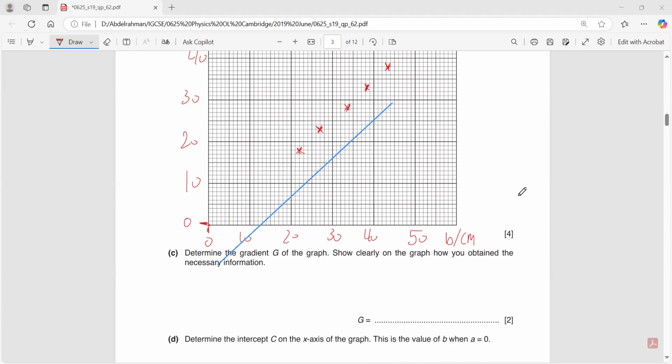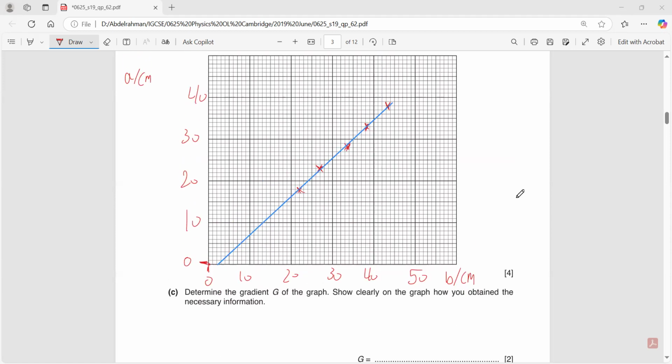Anyway, can I find the gradient? Yes, the gradient would be y2 minus y1 over x2 minus x1. We need to take two very far away points. You have to draw the rise and the run on the graph.